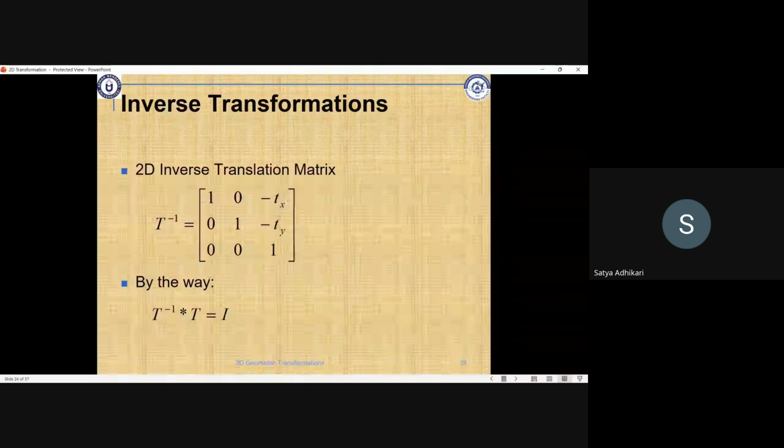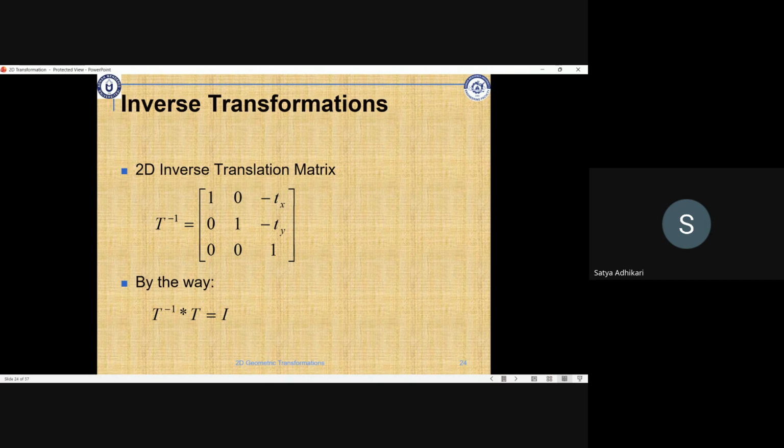This matrix is different from the transformation matrix. It is exactly the opposite of the translation matrix. So obviously, if we multiply T inverse into T, we get I, the identity matrix. T is the translation matrix, T inverse the inverse matrix. Then we get I. I stands for the identity matrix.